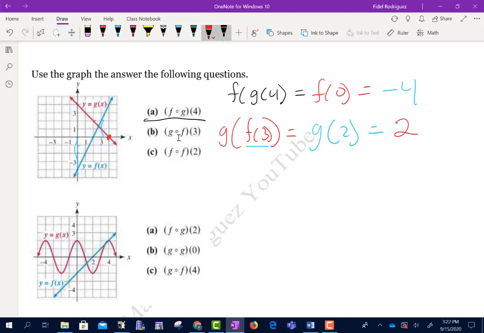Okay. And then part C says we're going to find f of f of 2. Remember, f is the blue function here. Let me clean this up a little bit. When x is 2, the y value happens to be 0. And f of 0 was, we said, negative 4. Okay.